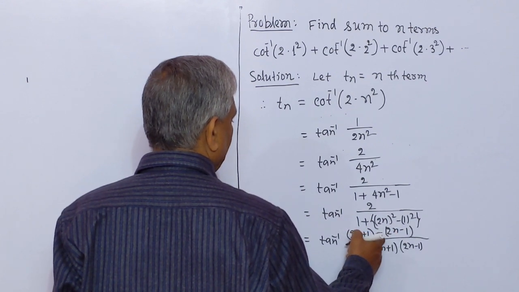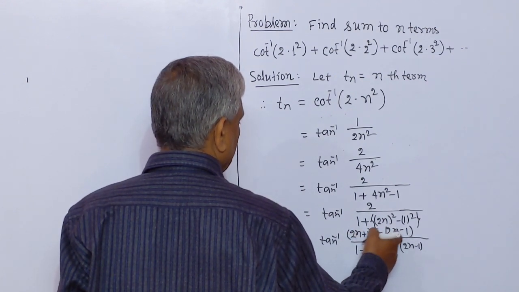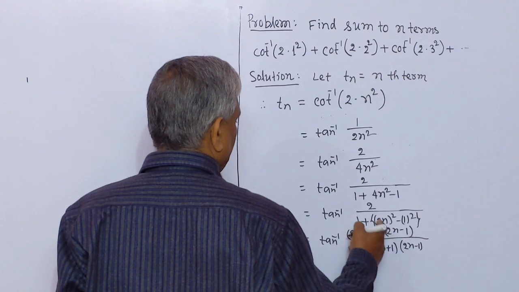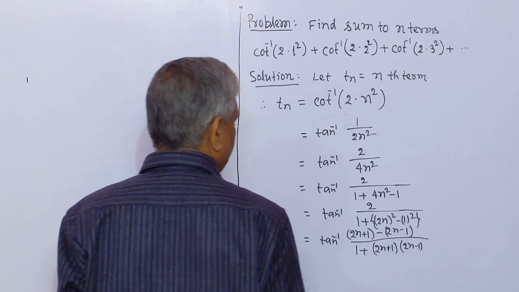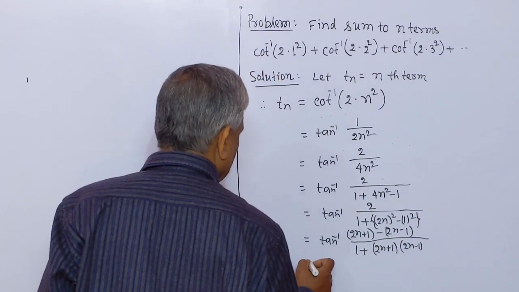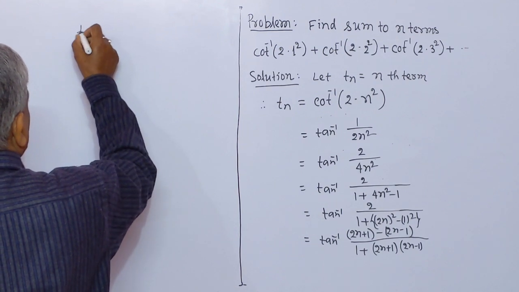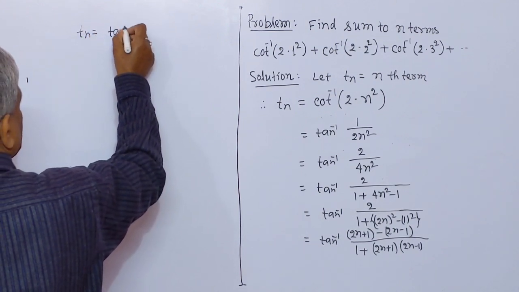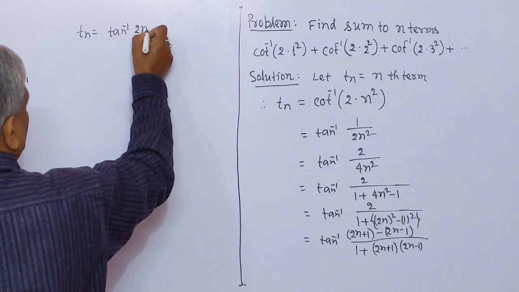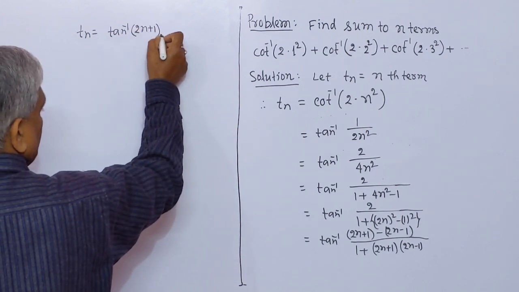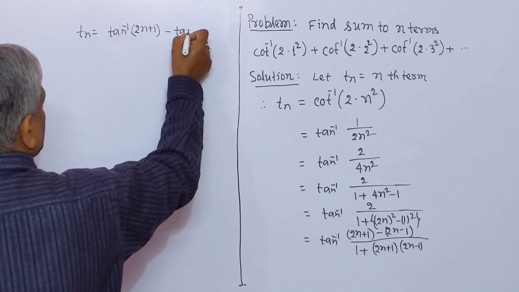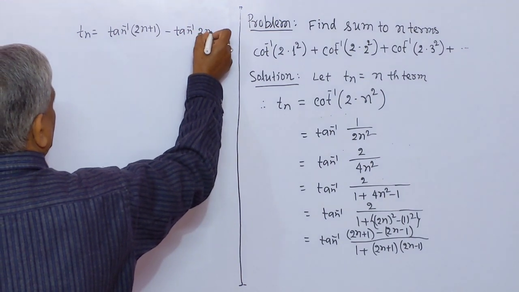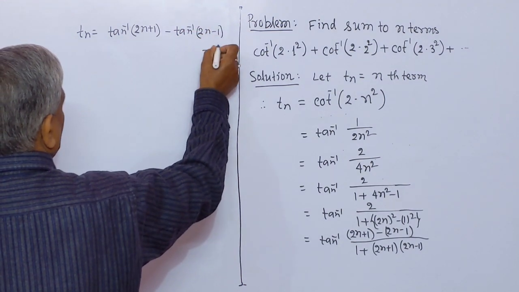Cancel 1 minus minus 1 plus. So 1 plus 1, 2. And we may write this as Tn equal to tan inverse 2n plus 1 minus tan inverse 2n minus 1. This is number 1.